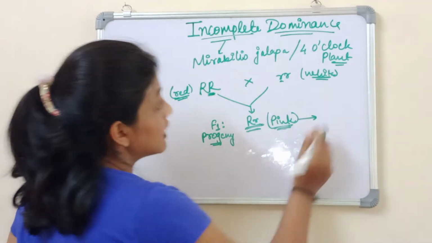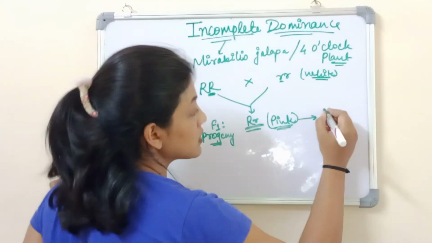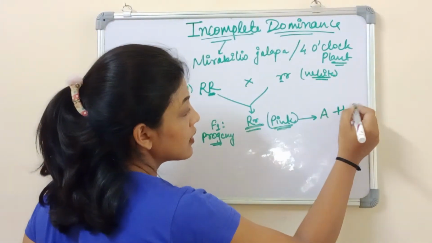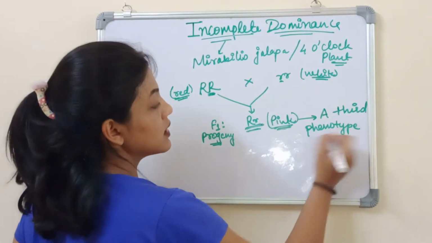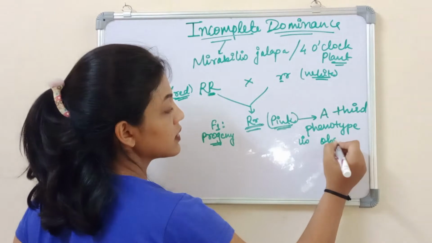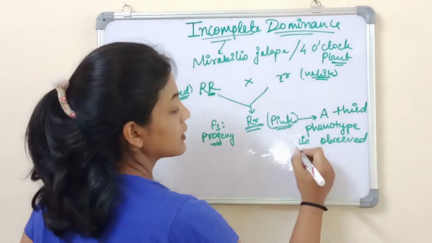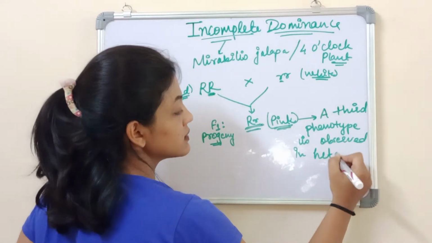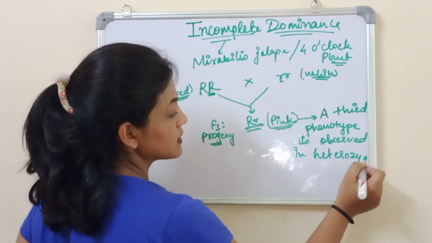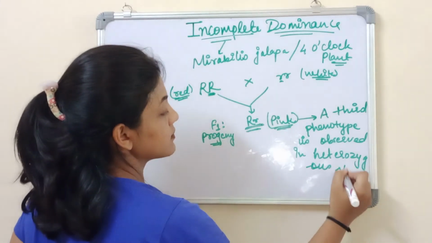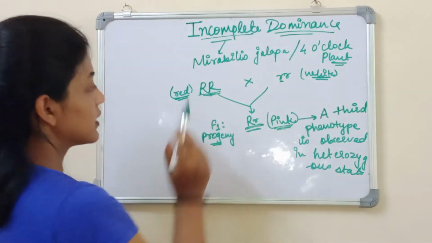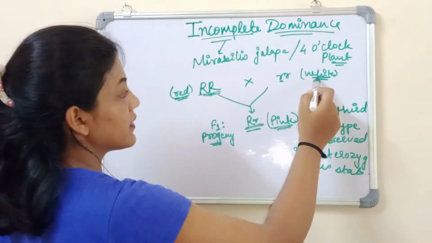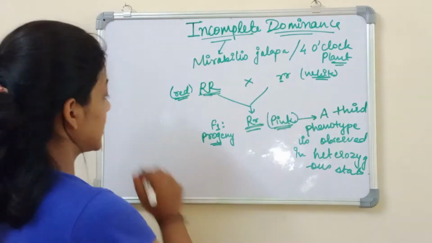So in incomplete dominance, a third phenotype is observed in the heterozygous state. What does it mean? One phenotype of the parent was red, and the other was white, right?